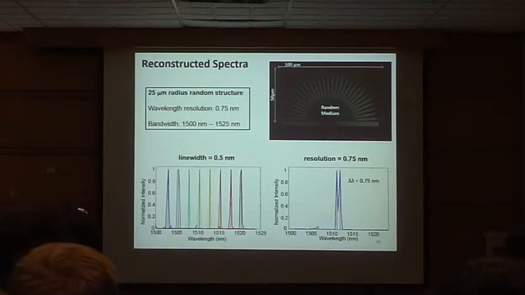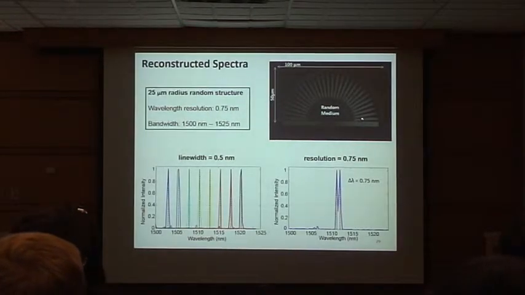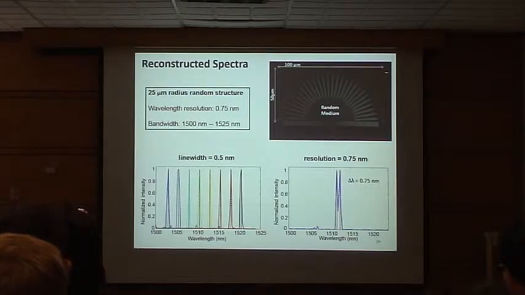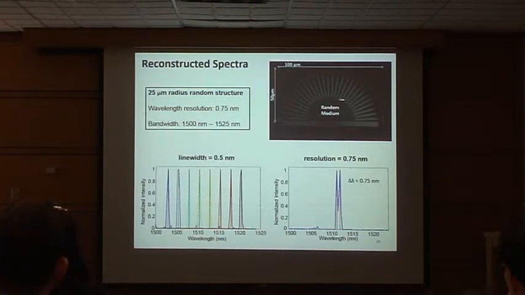So just to show you that indeed, for this small size, 50 micron by 100 micron, we can resolve two lines that are separated by about 0.75 nanometer. Okay, and then how many spectral channels can we measure? How many different wavelengths can we measure? That depends on the number of spatial channels we can measure here.